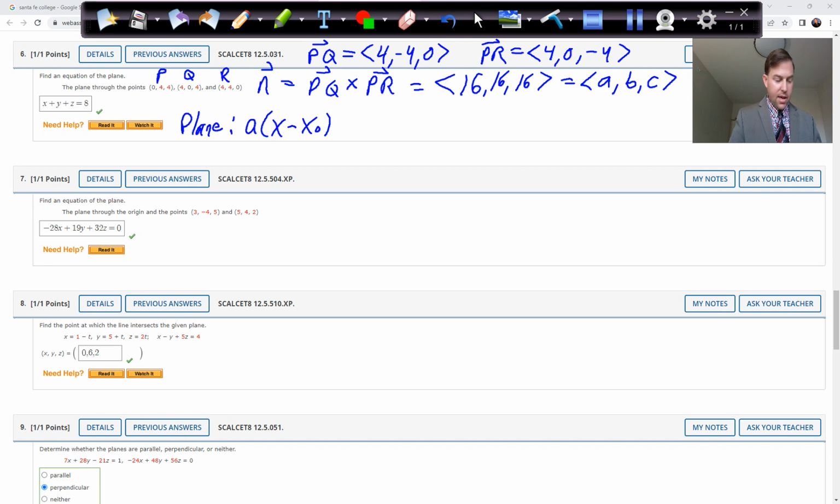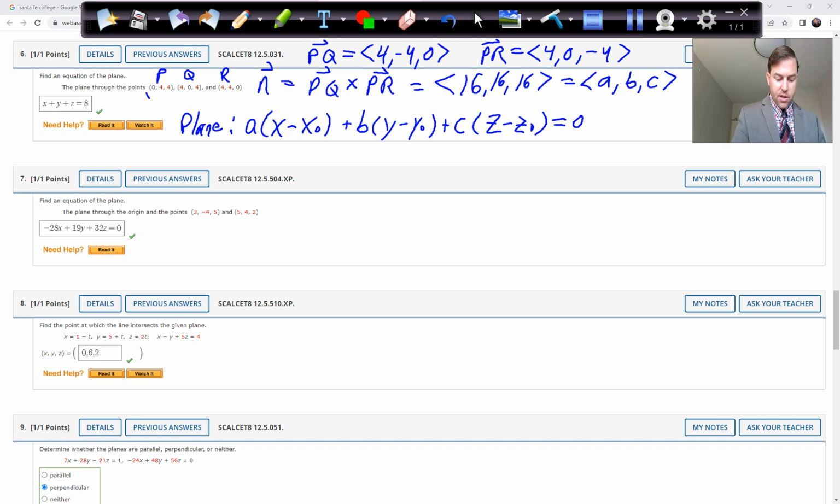So we have A(x minus x0) plus B(y minus y0) plus C(z minus z0) equals 0. And x0, y0, and z0 can come from any of these 3 points. I'm just going to pick P.